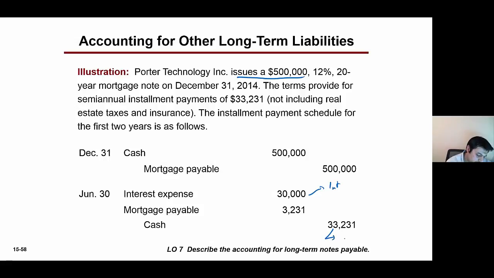This one is the installment, so this is the semi-annual payment. This one here is the reduction in principal balance. So this is basically paying the actual loan, paying the amount from the actual loan.